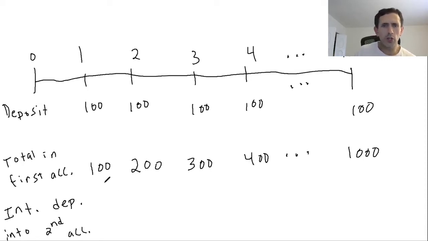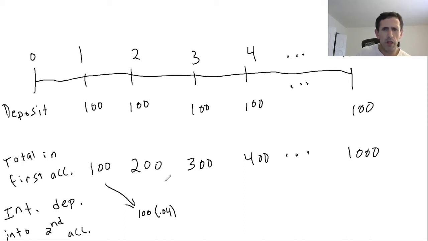From 1 to 2, right before the deposit of 100 at the end of the second year, the account earns 4% effective annual interest. So this is going to be 100 times 0.04, putting this year's interest of $4 into the second account.